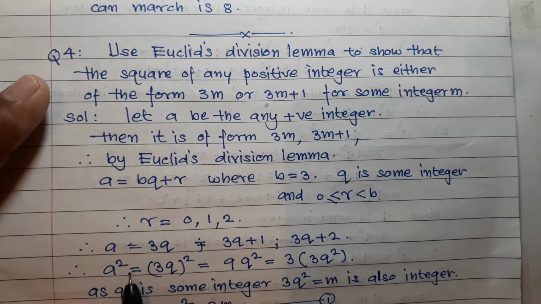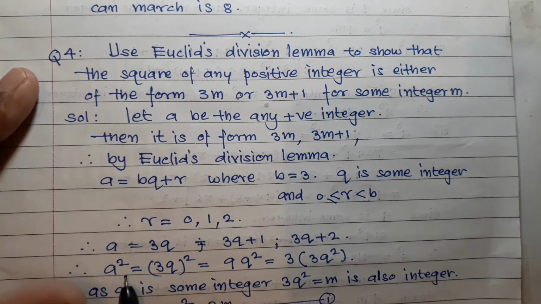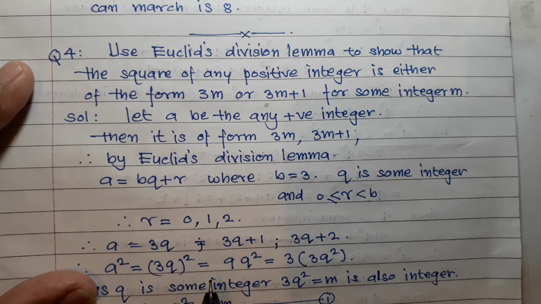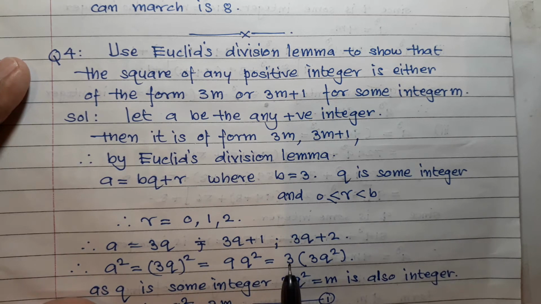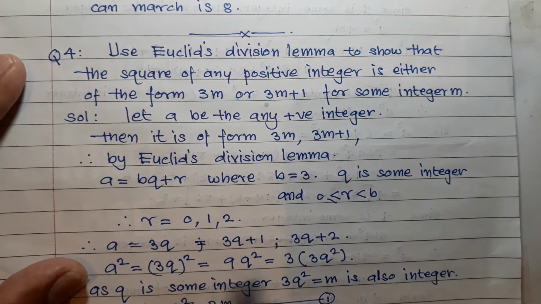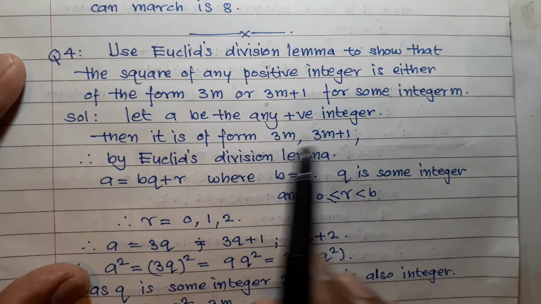And therefore a square is equal to 9q square, which is equal to 3 into bracket 3q square. So this step you write down properly, because I want to compare with these terms.